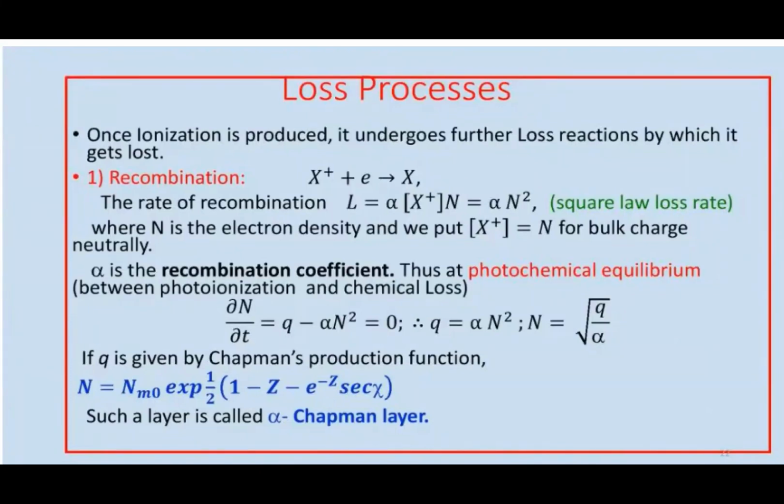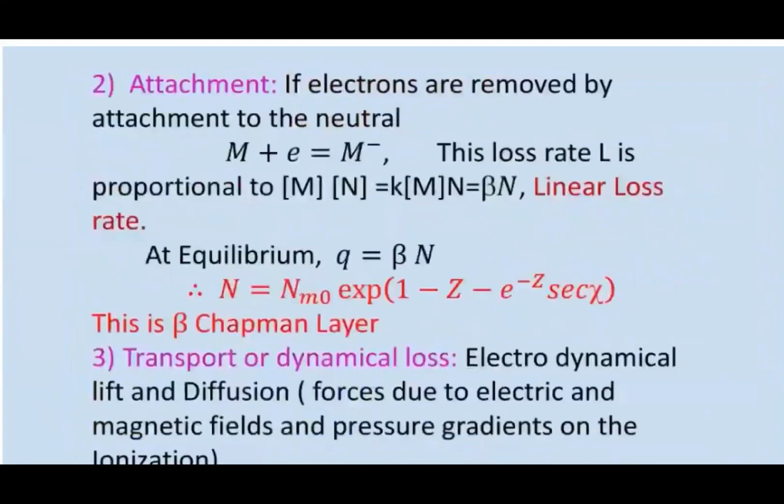So from that we can write that the number density of electrons, n, is equal to some maximum value times the exponential of half into 1 minus z minus e raised to minus z secant chi. So this is taken from Chapman's function. The half comes because of the square root. So a layer, an ionospheric layer in which the electron density varies in this fashion according to this equation, is known as an alpha Chapman layer.